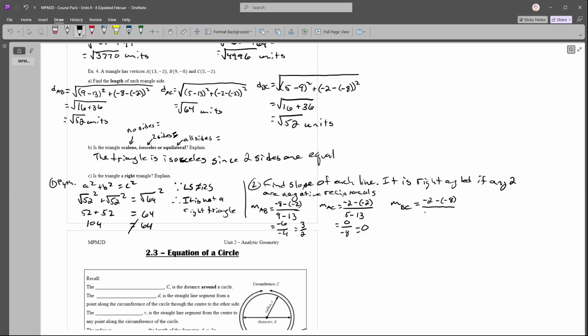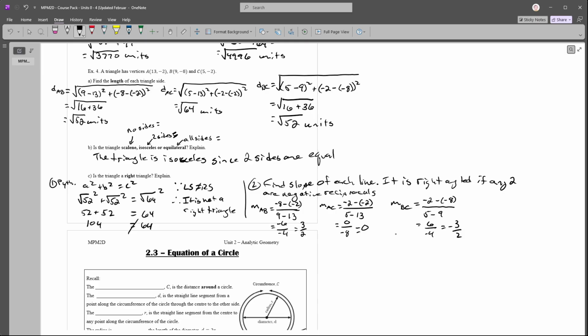And now we do the same thing for x's. So our x2 is 5, and we're going to subtract from that our 9. And we calculate. So negative 2 minus, so minus negative, which is plus. So this is going to give us 6 over 5 minus 9, which is negative 4, sorry. So this gives us negative 3 over 2.